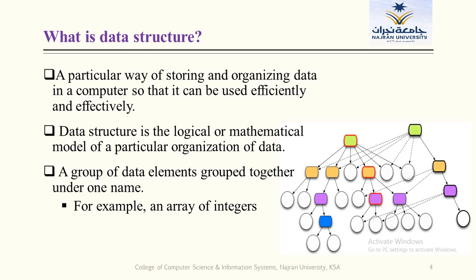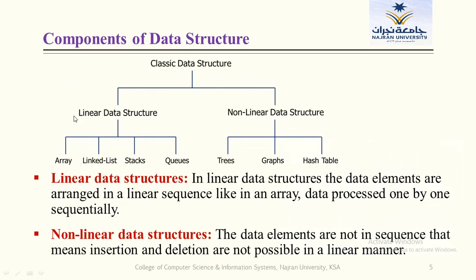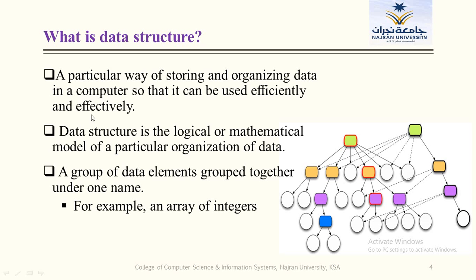After that, if you understand what is data, then we are going to explain what is data structure. A data structure has 2 important things: a particular way of storing data and a way to organize data.